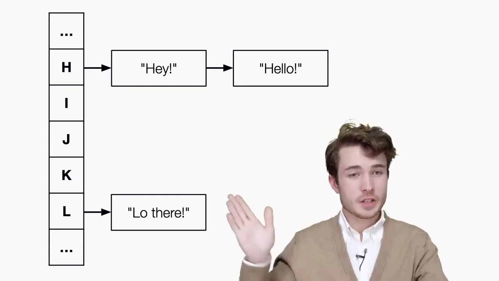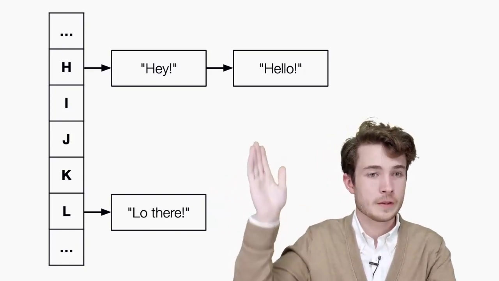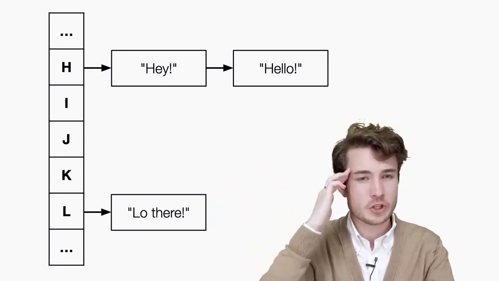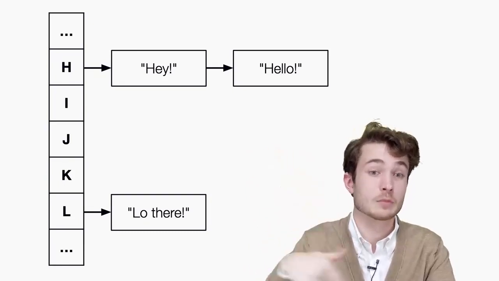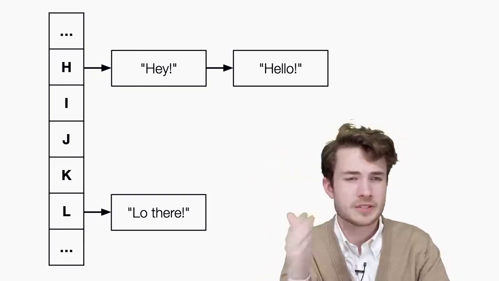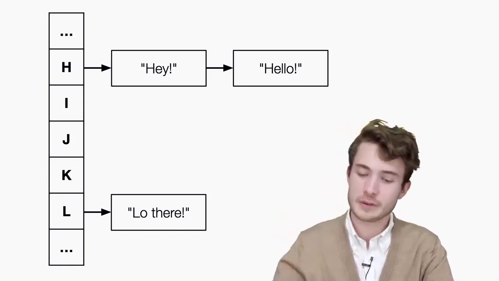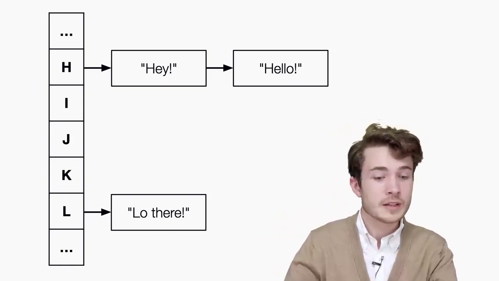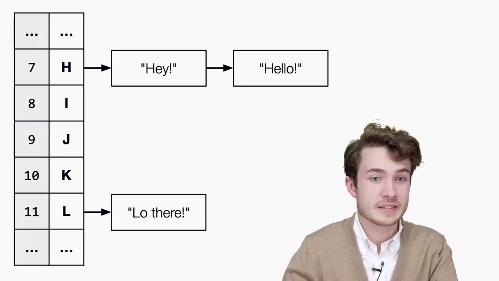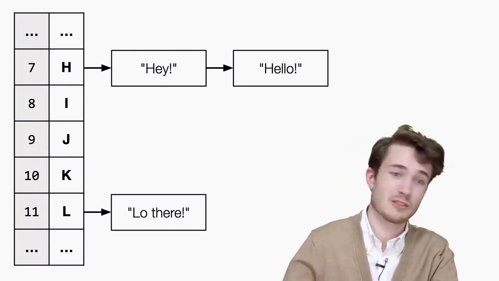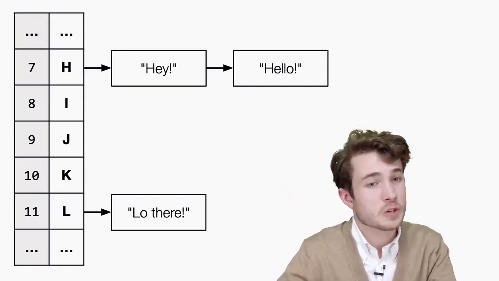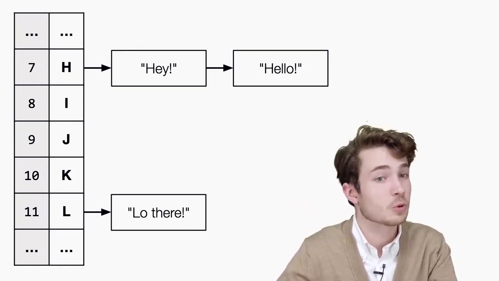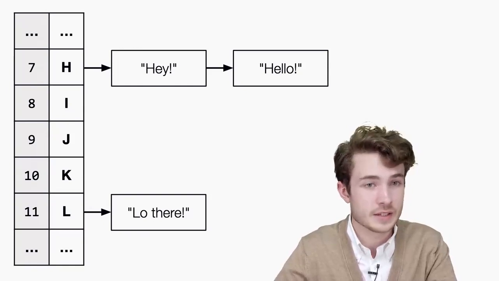But because, if we look at the left-hand side, this is just an array. And we've kind of, ourselves as humans, assigned those array buckets, those array segments, some letter. But we have to assign them some number, really, some index. And so you might recall from very early on, all arrays have these indices, right? So maybe 0 to however big your array is. And now we have, in this case, maybe H corresponds to the 7 index in our table, or I corresponds to the 8 index, and so on.